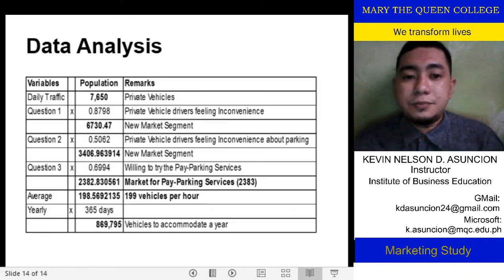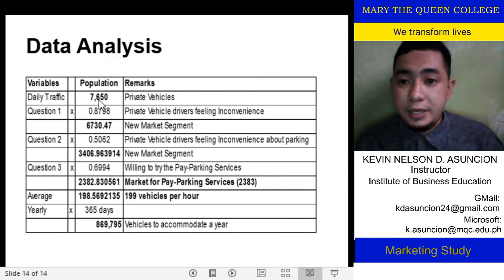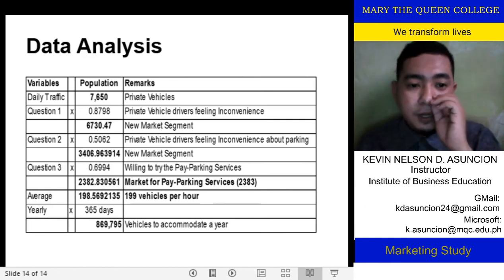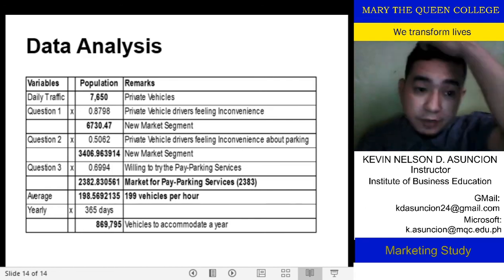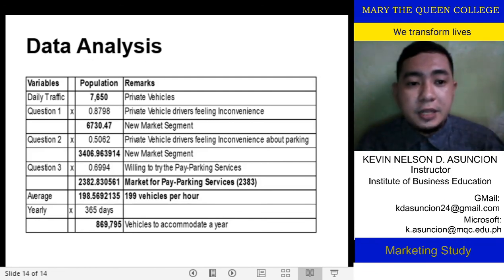Okay? So, take a look at this. This is your data analysis. The daily traffic that was presented by the Guagua Municipal Traffic Management Group is 7,650 private vehicles per day passing through. So, what is their reason? Question number 1, vehicle drivers feeling inconvenience, that's 88%.